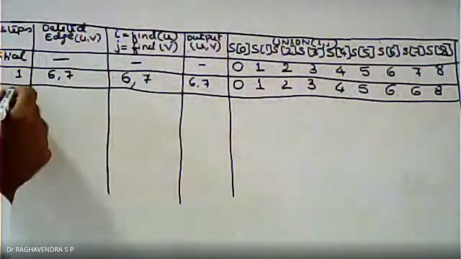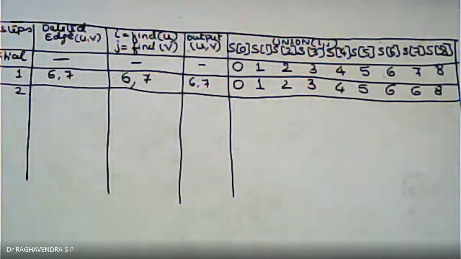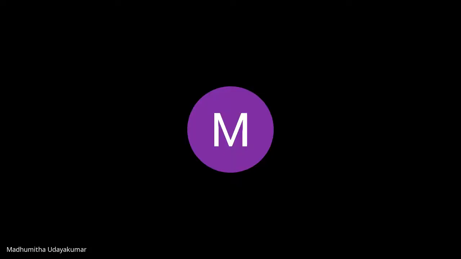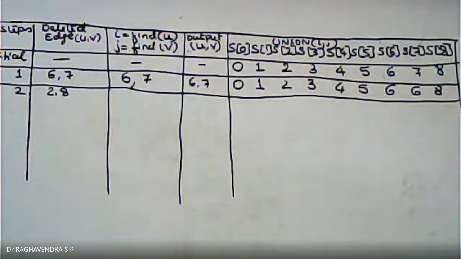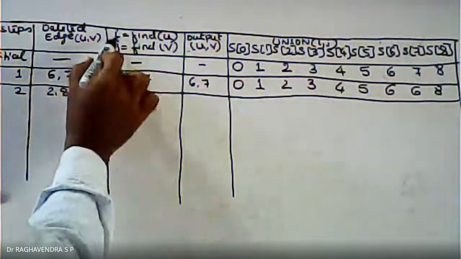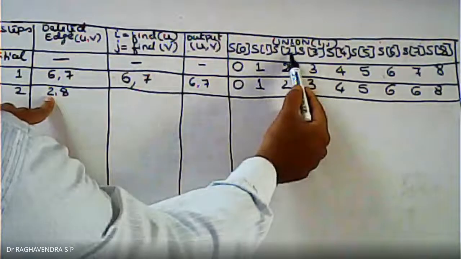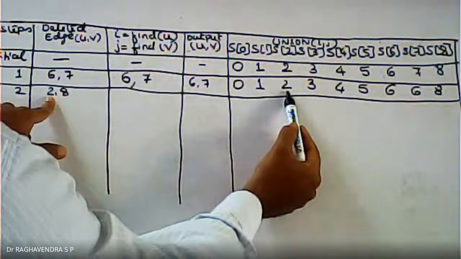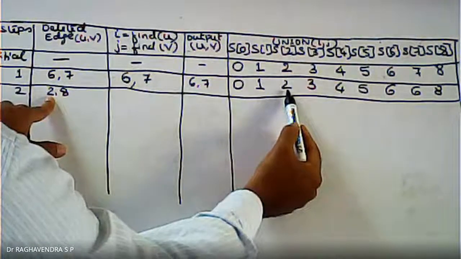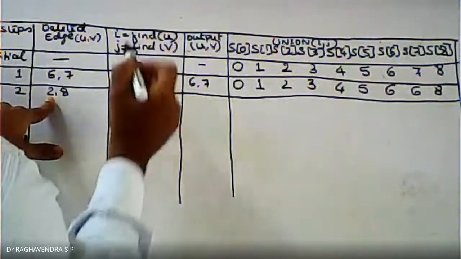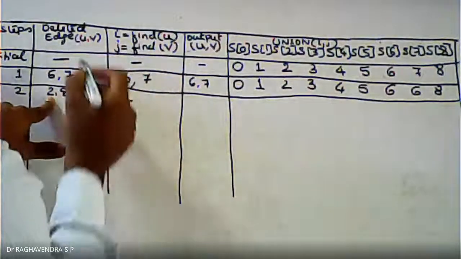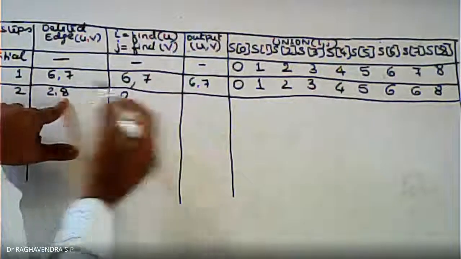Next, step 2. You identify the next least cost edge. 2 to 8, 5 to 6. Okay, 2, 8. So now I is equals to find of u. U means 2. So what is the value of 2 here? 2. So I becomes 2. J is find of 8.